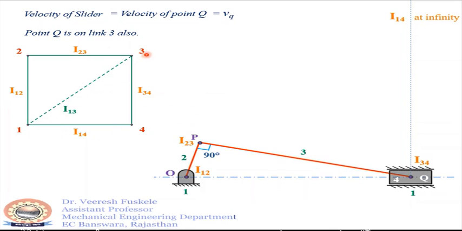This line 1, 3 has divided the polygon in two triangles, 1, 4, 3, which is having I14 and I34 as the sides. And similarly, another triangle is 1, 2, 3, which is having I12 and I23 as the sides.